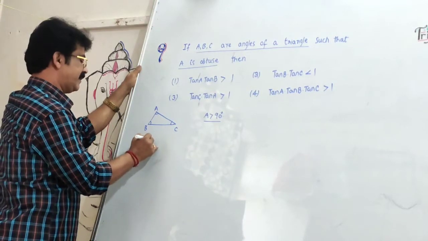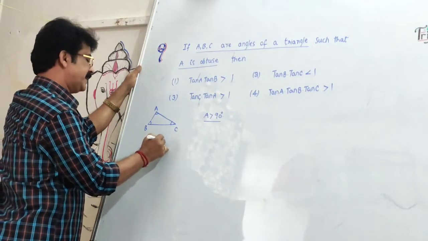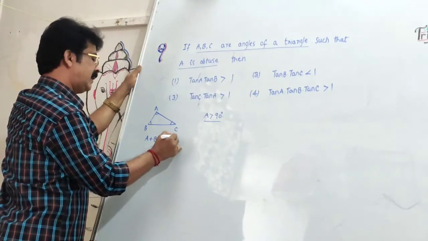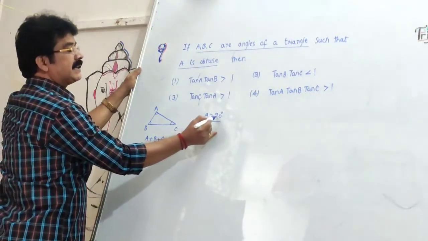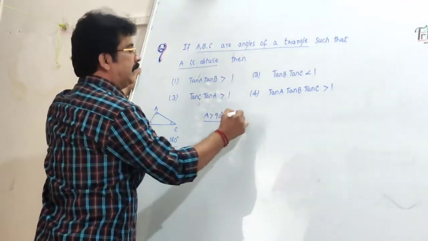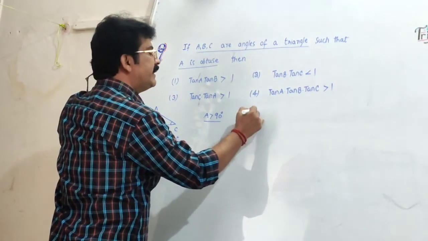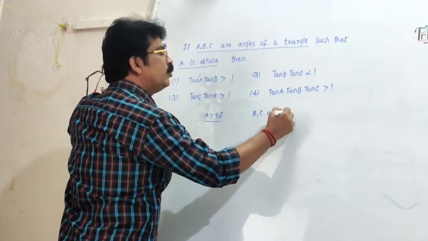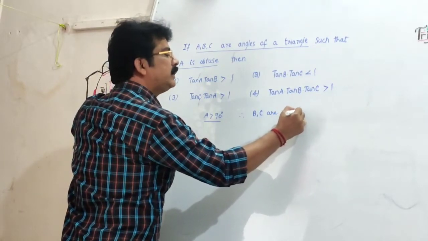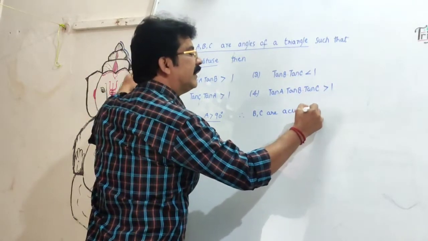This is the basic formula. A plus B plus C is equal to 180 degrees. Okay. When A is greater than 90 degrees, then definitely B and C are acute angles.